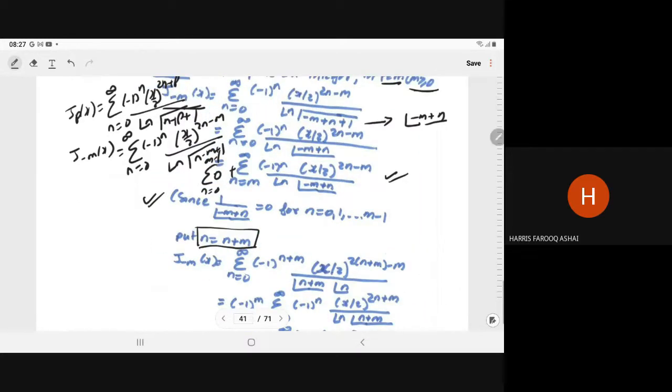So you will get J of minus m equal to the summation n equal to 0 to infinity. Everywhere, in place of n, you replace it by n plus m.